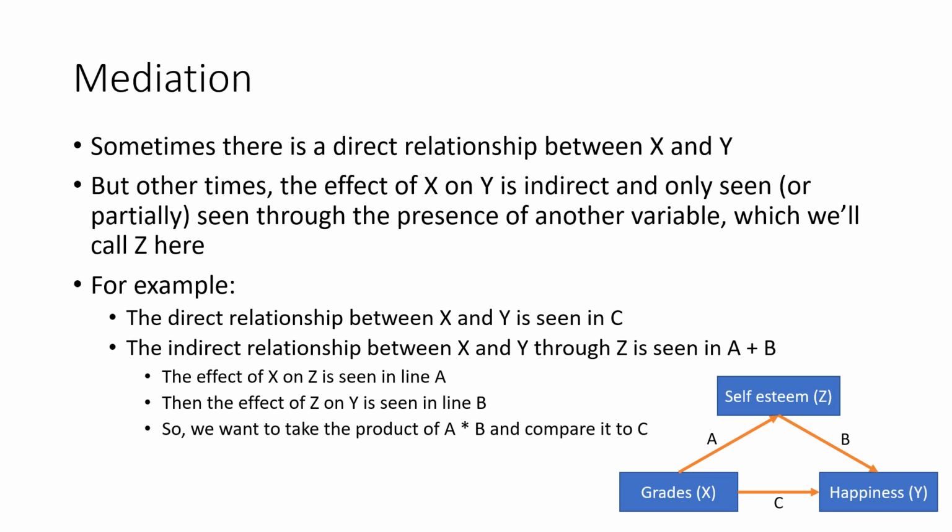It's a little bit complicated, but as you experiment with more and more configurations of multivariate models, you'll get a better sense of what it means to have a mediation in your model.